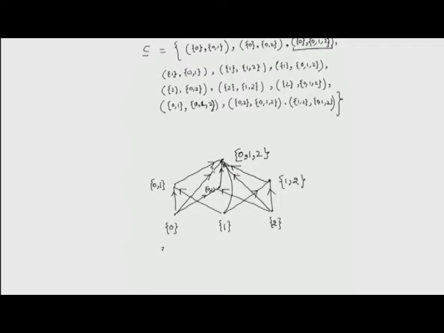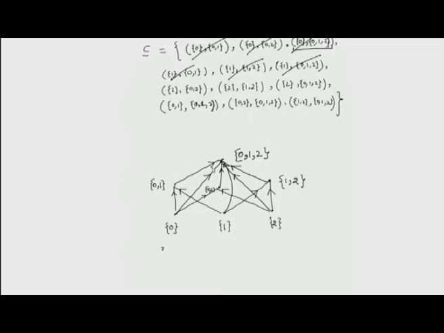We can check that, starting from 0: 0 to 0 1 we have done this, 0 to 0 2 we have done this, then 0 to 0 1 2 we have done this, then 1 to 0 1 we have done this, 1 to 1 2 we have done this, and 1 to 0 1 2 we have done this also.